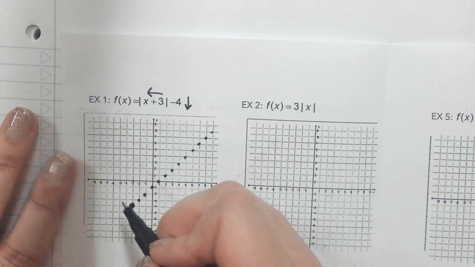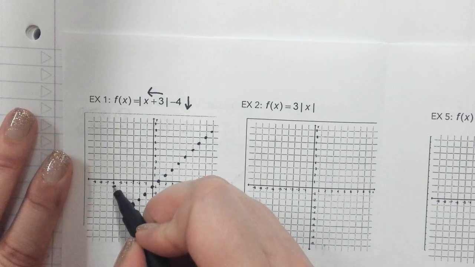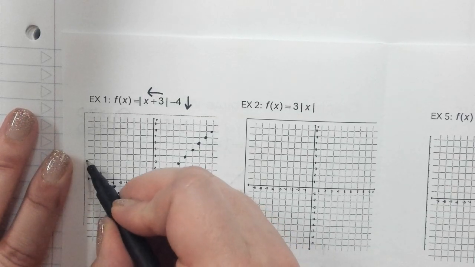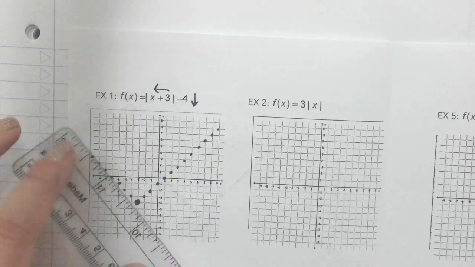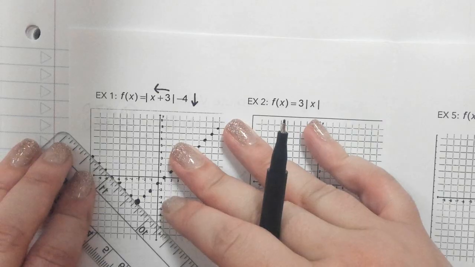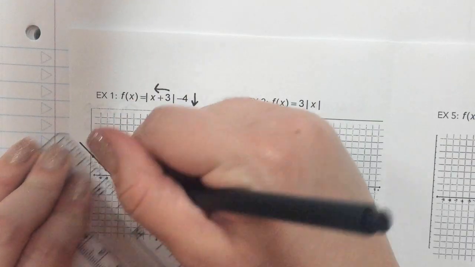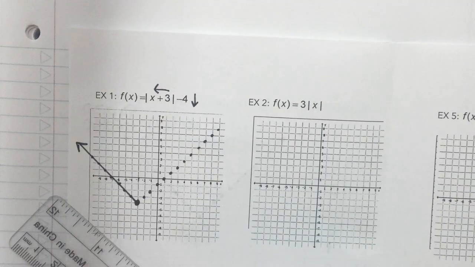And on the left side, a slope of negative 1, because you want to get that V shape, right? Always the same slope unless it's stretched or compressed. And in example 2, we have one that's stretched or compressed.